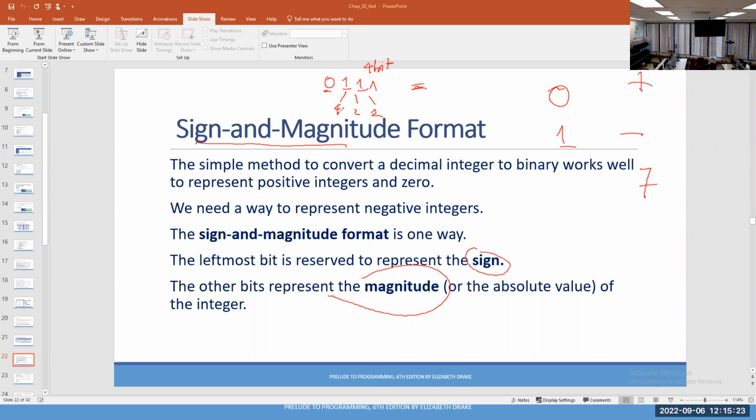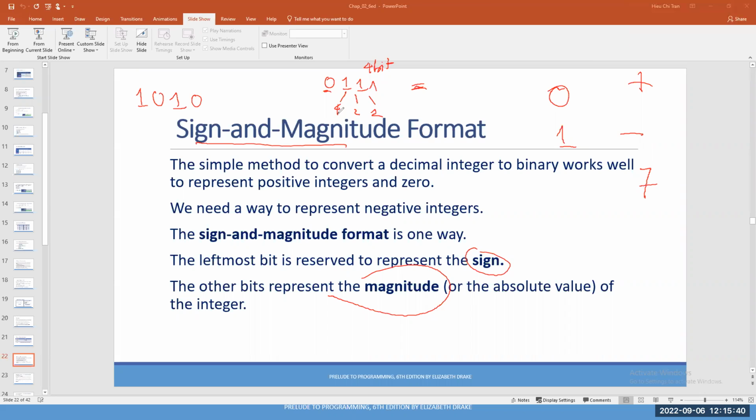Now, what happens if I have 1, 0, 1, 0 here? What is the decimal value of this in sign and magnitude format? Not 10. You have to remember this is sign and magnitude format.